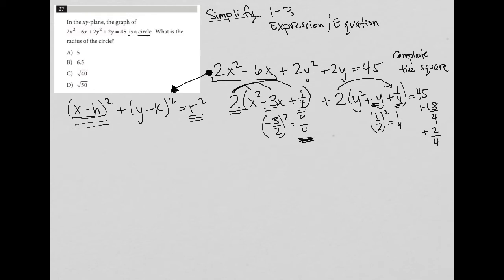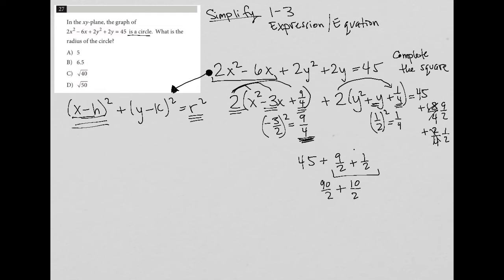So I have to combine these values. So what is 45? In fact, I will change this. 18/4 is the same as 9 over 2, and 2/4 is the same as 1 over 2. So I'd have 45 plus 9/2 plus 1/2, right? So these guys turn into 10/2. But I need to rewrite this 45 as a fraction over 2, so I'm going to call it 90/2.